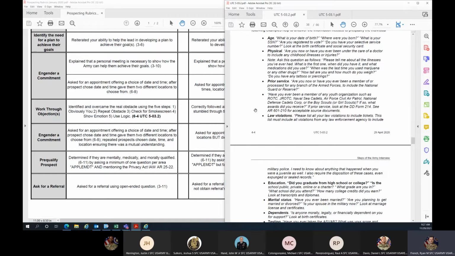So if you mark down how many questions are supposed to be per section of Apple MDT, so you know there's 1, 2, 3, 4, 5, 6 in age. So I'm doing 6 tick marks in age as I'm going through the questions. If I only get 5 of them in between the phone call and the Army interview, I can go back and see what question I missed and then make sure I hit that question in the Army interview.